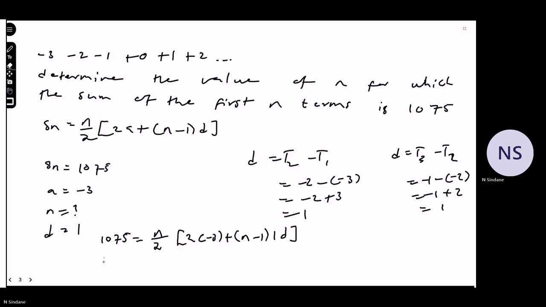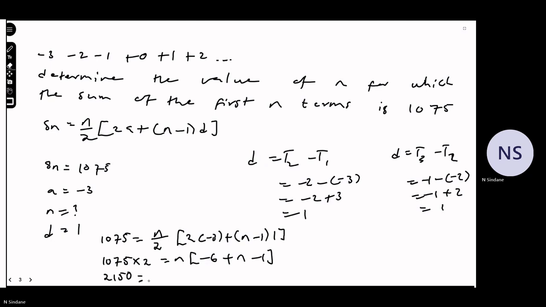This is equal to n into (negative 6 plus n minus 1). And then 1075 times 2 is going to be 2150.